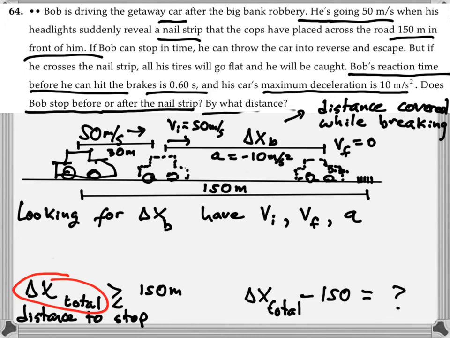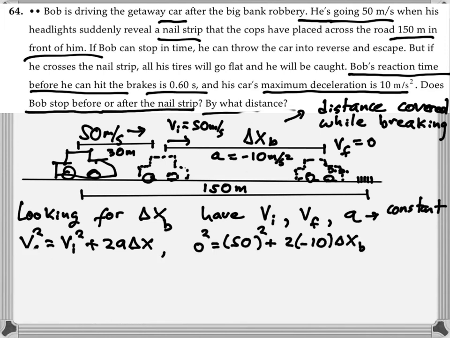So we need a kinematics equation for constant acceleration that involves distance, initial velocity, final velocity, and acceleration, just those variables. If you look at the three kinematics equations for constant acceleration in your formula sheet, you will see that one involves those four variables. That's the one with the squares: V final squared equals V initial squared plus 2a delta x.